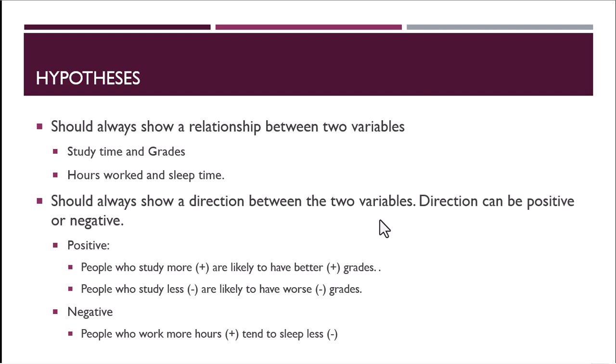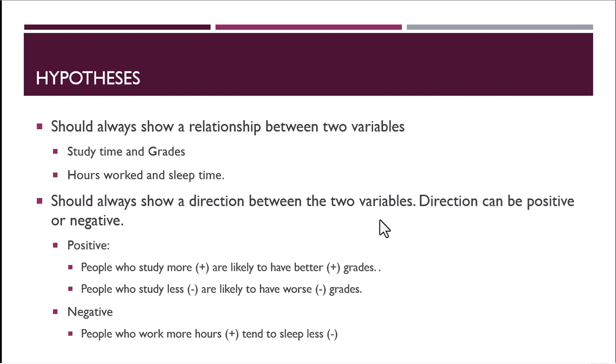So some examples of a positive relationship, or a positive direction between two variables, are: people who study more are likely to have better grades, or people who study less are likely to have worse grades. Here what we're seeing is that both variables, in this case study time and grades, are moving in the same direction. When one goes up, the other goes up.